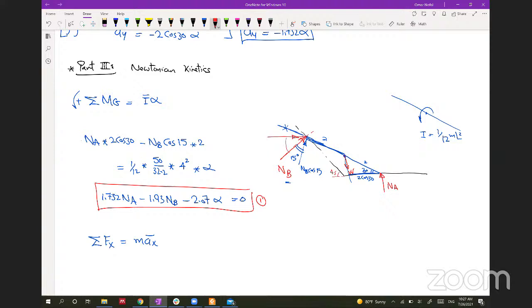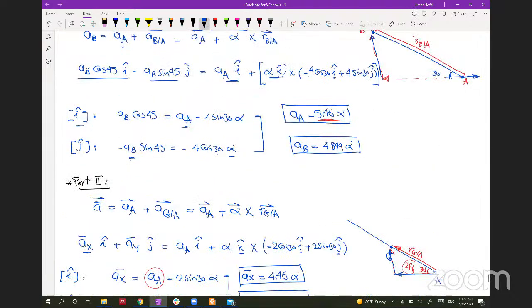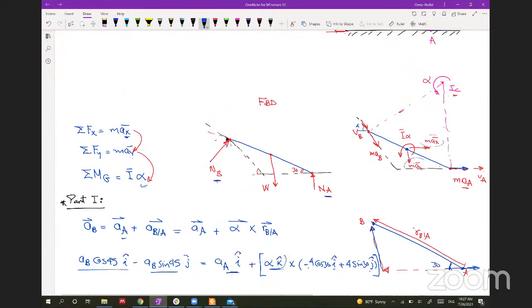You will end up with this angle also being 45. And Fx will be, let's assume that this is the positive direction, NB cosine 45, sorry, cosine or sine, it doesn't make any difference. And the mass will be equal to, I think the mass is 50/32, and the ax, we assume the positive direction of the x here, which matches our positive direction.